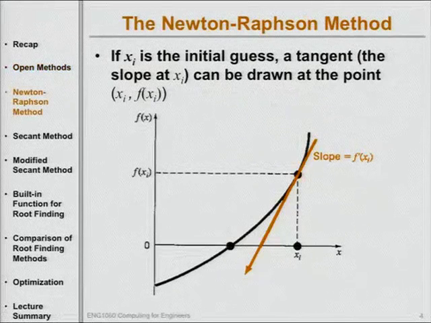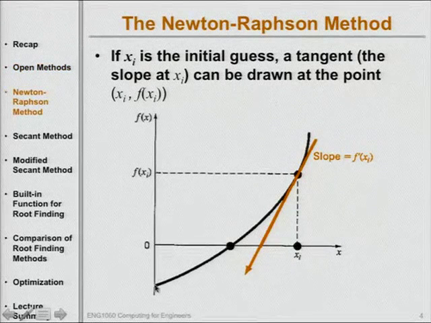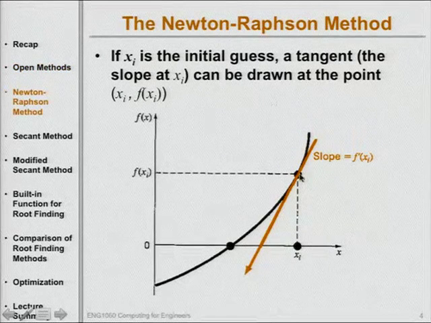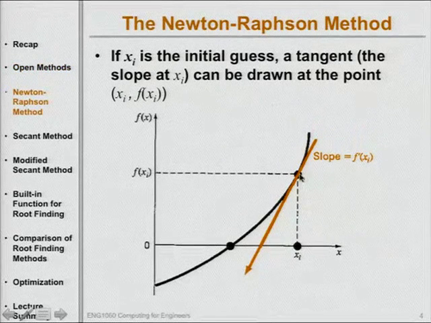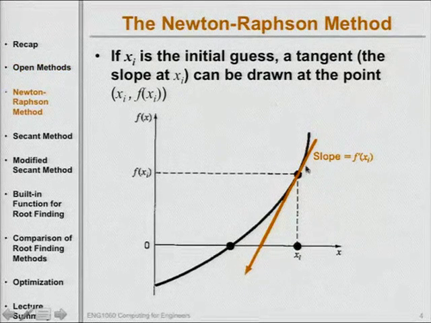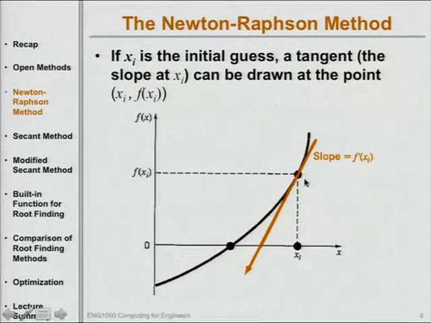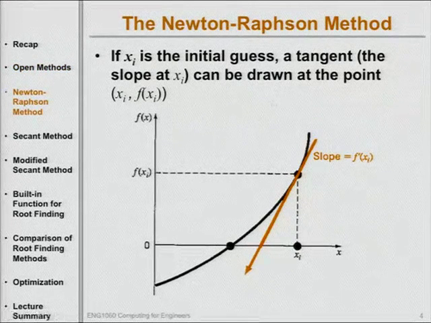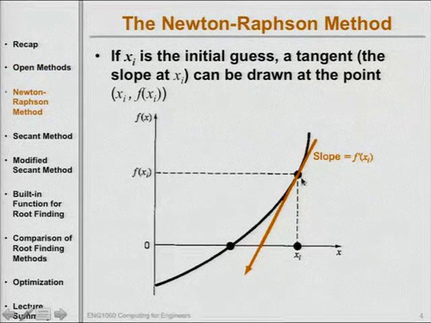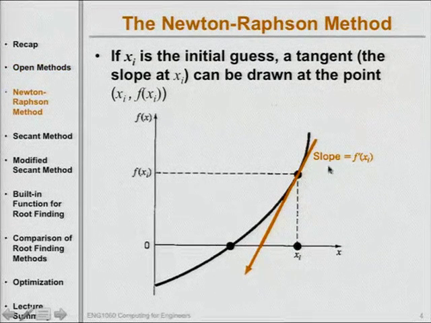So the basic Newton-Raphson method: we start off with the function, the black line here, and we take a starting guess, the point xi. We think the root's pretty close to there, and we look at the function value at that point and the first derivative of the function at that point. So the slope of the tangent to that point on the function is given by the first derivative of f of x.